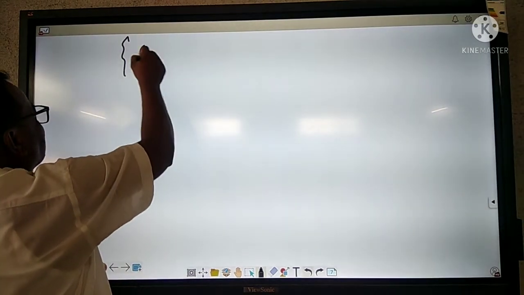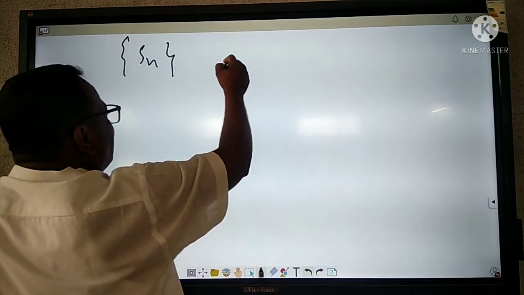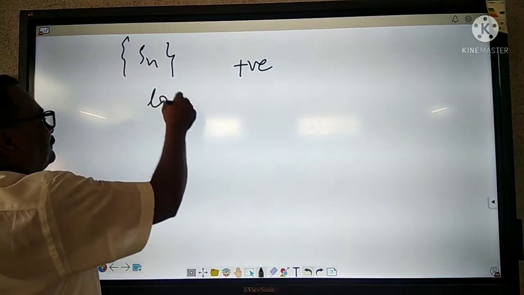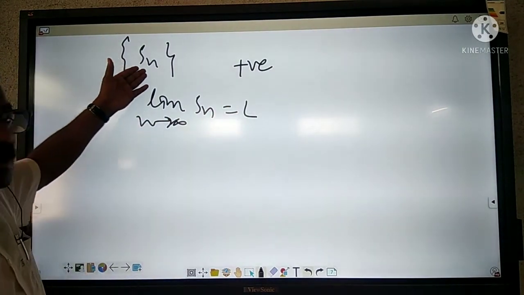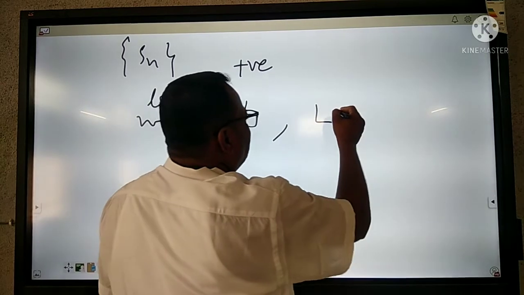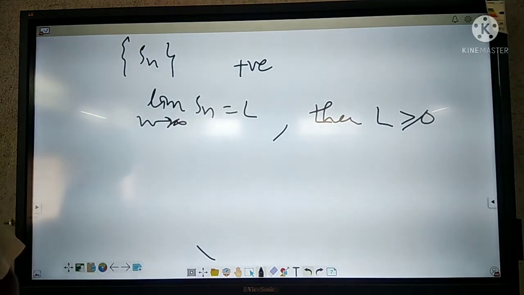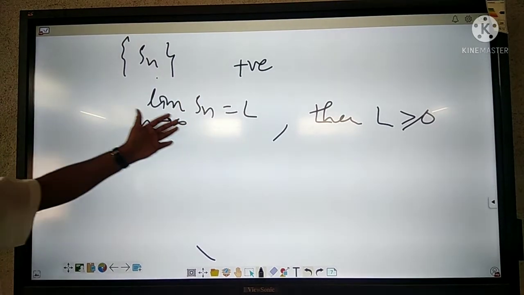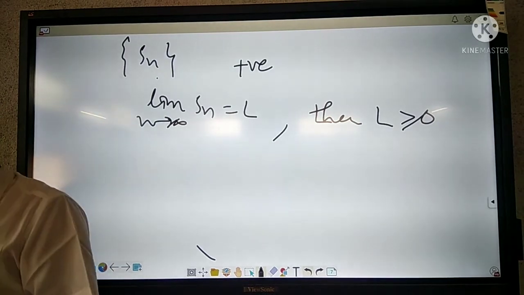That is, the terms in the sequence are positive, and the limit of Sn as n tends to infinity is equal to L. Every term in the sequence is positive, and the limit of Sn is L. It is given, and then we say that L is greater than or equal to 0. No problem. This is the simple case.